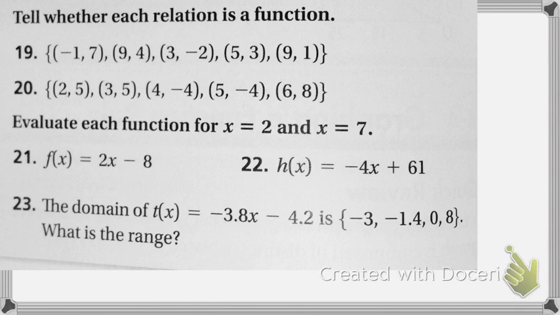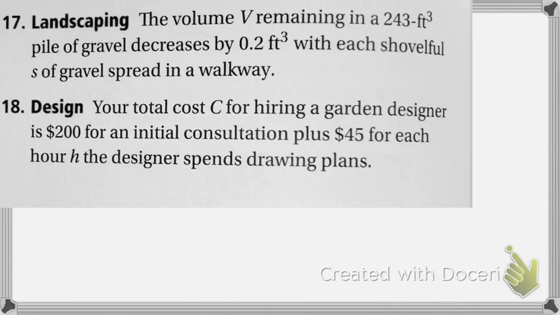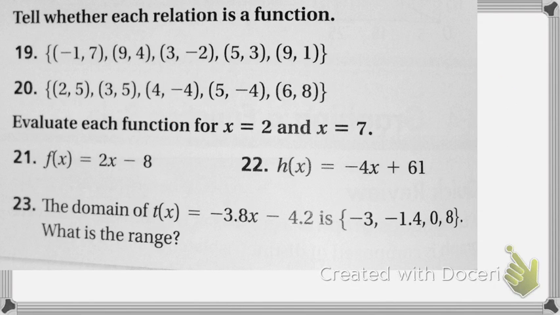Alright, on this one we're supposed to tell whether each relation is a function. So if we look at number 19, which we'll call number 7. To tell whether it's a function, what you want to do is look at the x values. If each ordered pair has a different x, that means that it is a function. So since this goes -1, 9, 3, 5, 9, and these two 9s are the same, this one is not a function.